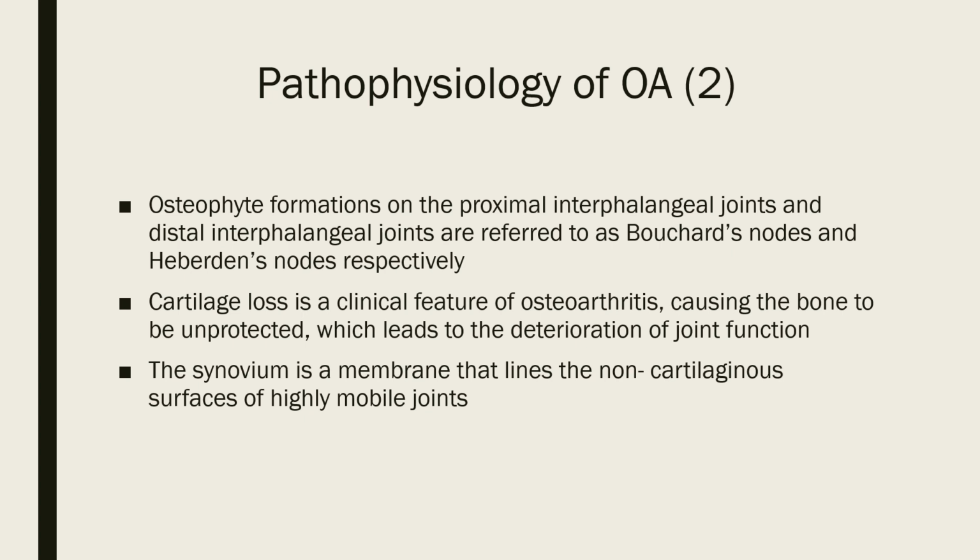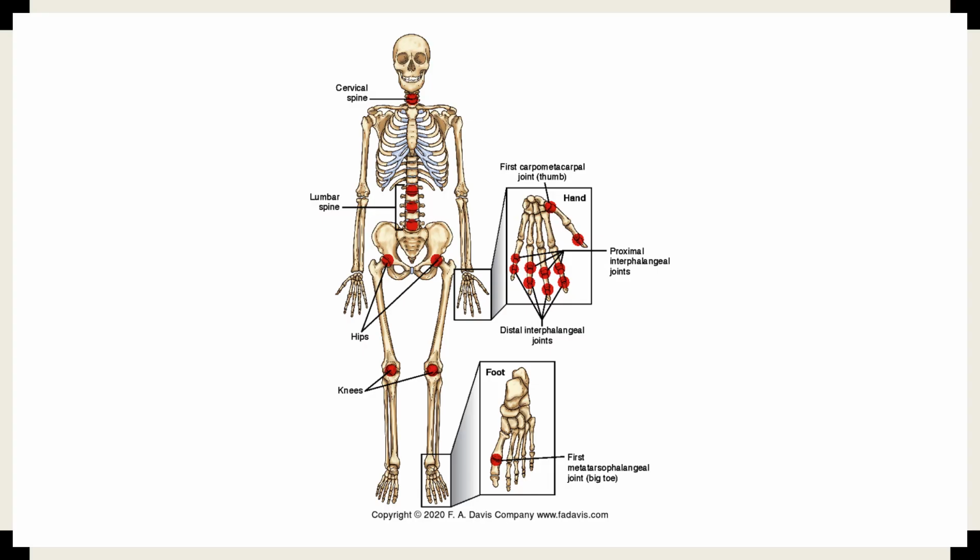Cartilage loss is a clinical feature of osteoarthritis, causing the bone to be unprotected, which will lead to the deterioration of joint function. The synovium is a membrane that will line the non-cartilaginous surfaces of highly movable joints. And here we just have what we would call the hotspots of where osteoarthritis would form.